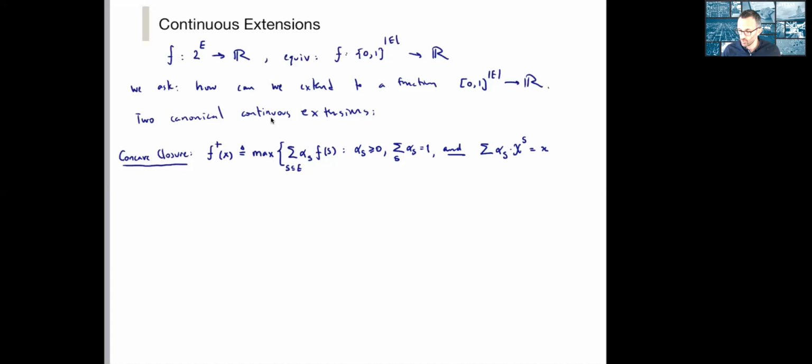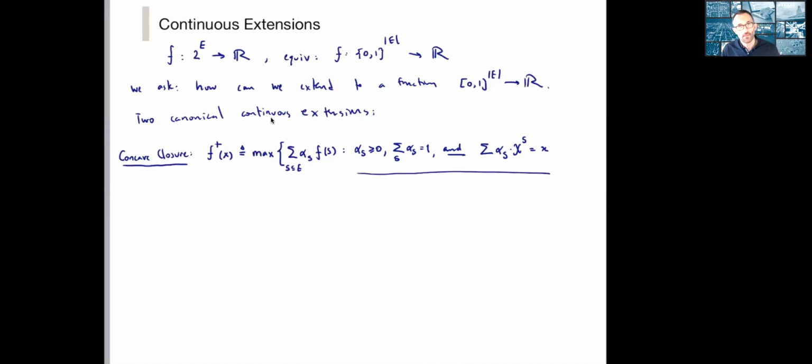And we know that this is always feasible because any point in the unit cube can be written as a convex combination of the corners, and that's all this is. So this is saying, look at, for any point in the cube, all possible ways to write that point as a convex combination of the corners. And so those are all the feasible alphas in this set.